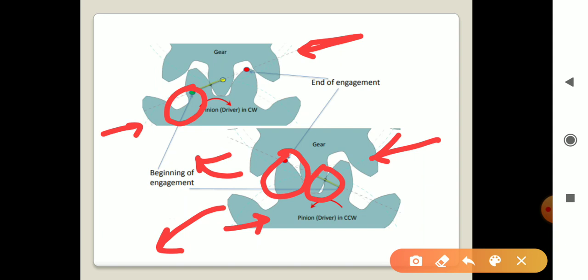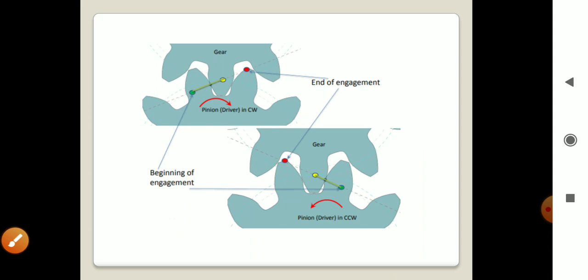These two figures show the beginning of engagement and end of engagement, with one in clockwise direction and the other anti-clockwise. This is the interference of involute gears.